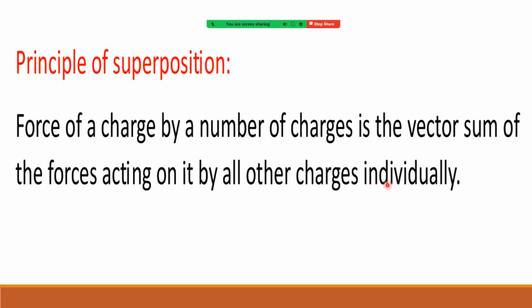That means when we focus on Q1, we assume there are no other charges, only the force by Q1 on Q. Same way, only by Q2 on Q. Then take the vector sum. Okay. Right. Now let us solve a few problems based on Coulomb's law.